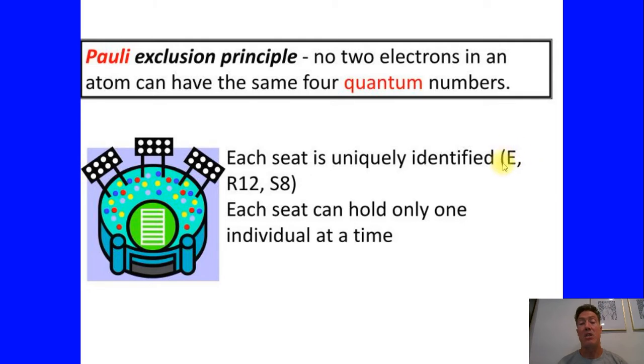It might be section E, row 12, seat 8. And that tells you that each seat can only hold one individual at a time. Well, same thing. When we name each electron, it has to have a unique set of quantum numbers. They can't all 4 be the same. And so the last way we distinguish them when there's 2 in the same orbital is with spin.